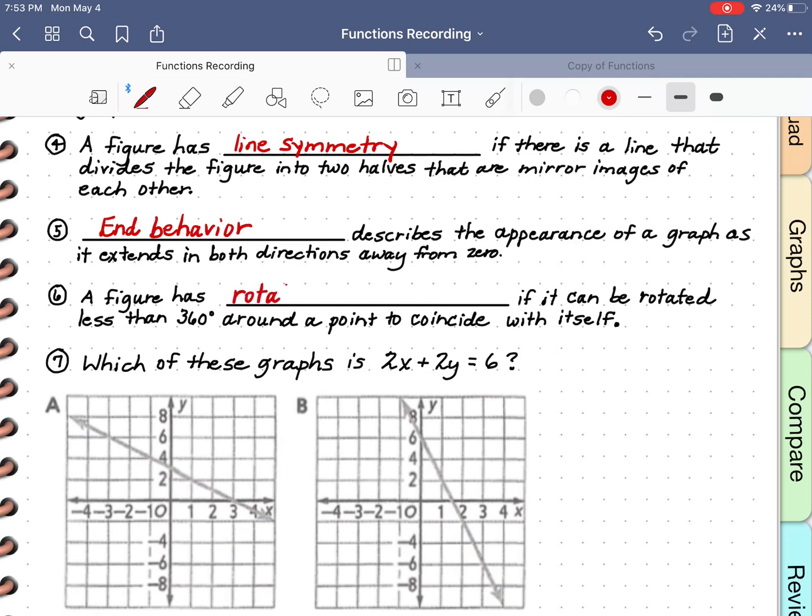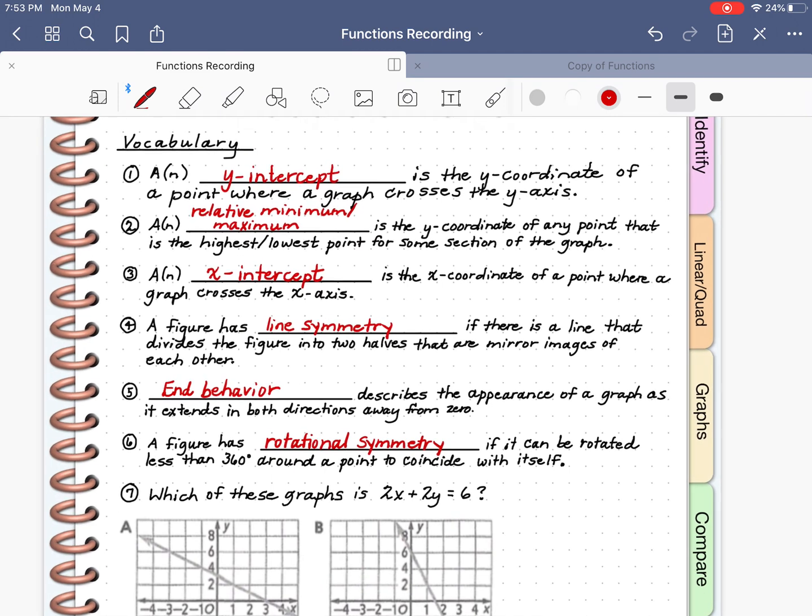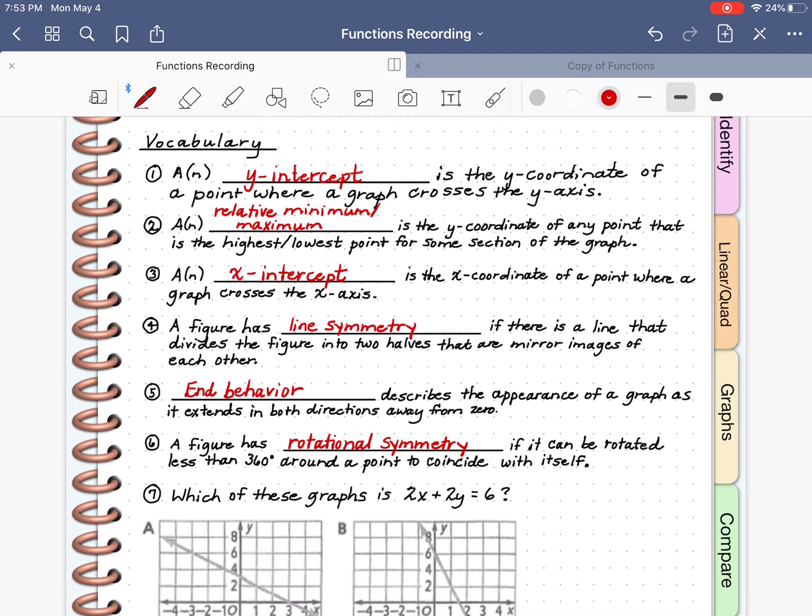That is rotational symmetry. And that's a review of the vocabulary.